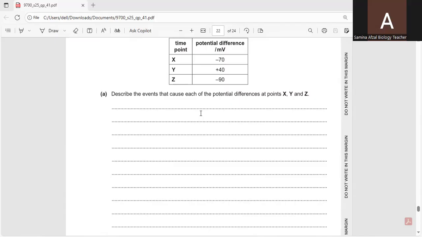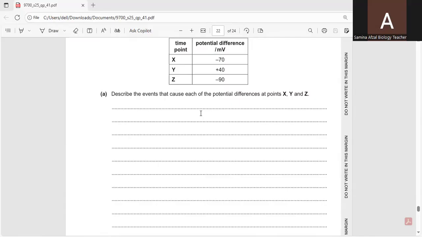The state is maintained by the sodium potassium pumps actively transporting 3 sodium ions out for every 2 potassium ions in, and the membrane being more permeable to potassium ions than to sodium ions. As a result, there is a higher concentration of sodium ions outside and potassium ions inside, leading to a negative potential inside the axon relative to the outside.